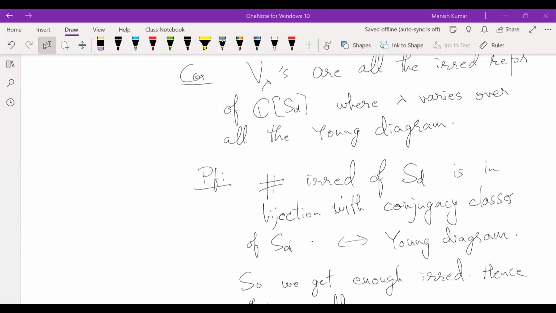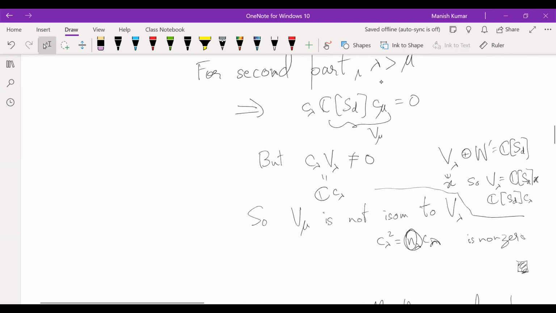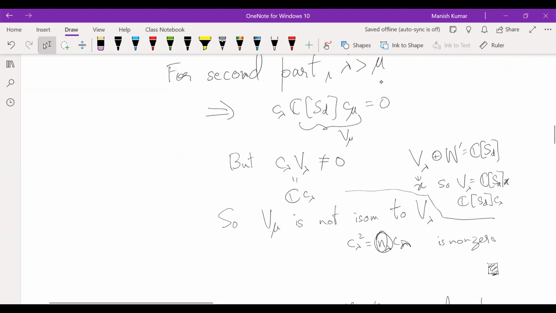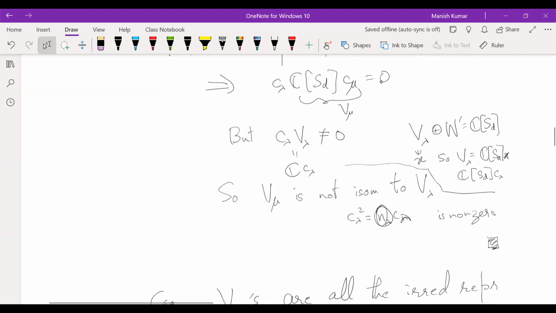Sir, please go through the part where you prove that V mu and V lambda are not isomorphic once again. I got the part that they are not equal, but why are they not isomorphic? They are not isomorphic because you see there are two representations, V mu and V lambda.